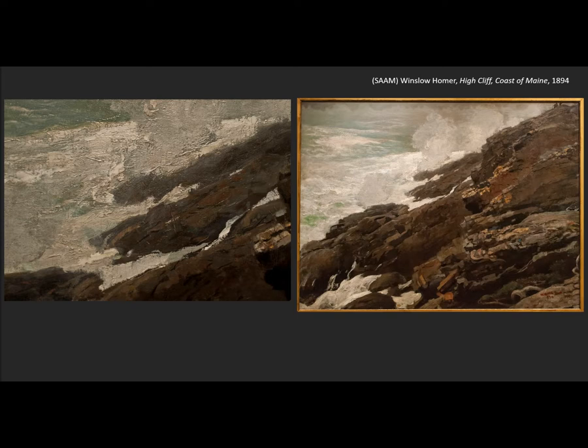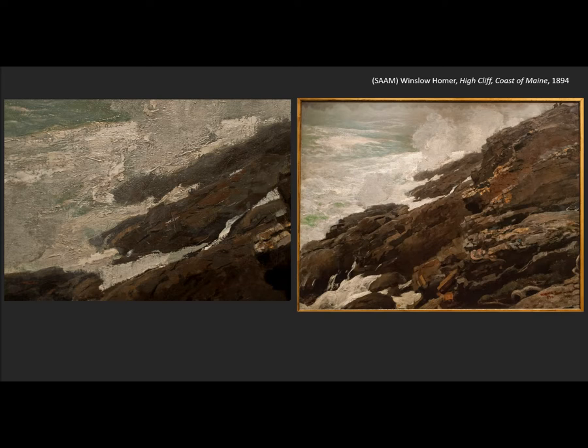But the more I look at paintings by, especially 19th century artists, but really everybody, you realize that's not how they paint. Always. If I were stuck painting this, I'd be trying to paint the water between the rocks first and then paint the rocks because they're in front of that. But if you look at how Homer's painted here, you can see that he's actually brought the water up onto it, almost as if the paint is the water itself.